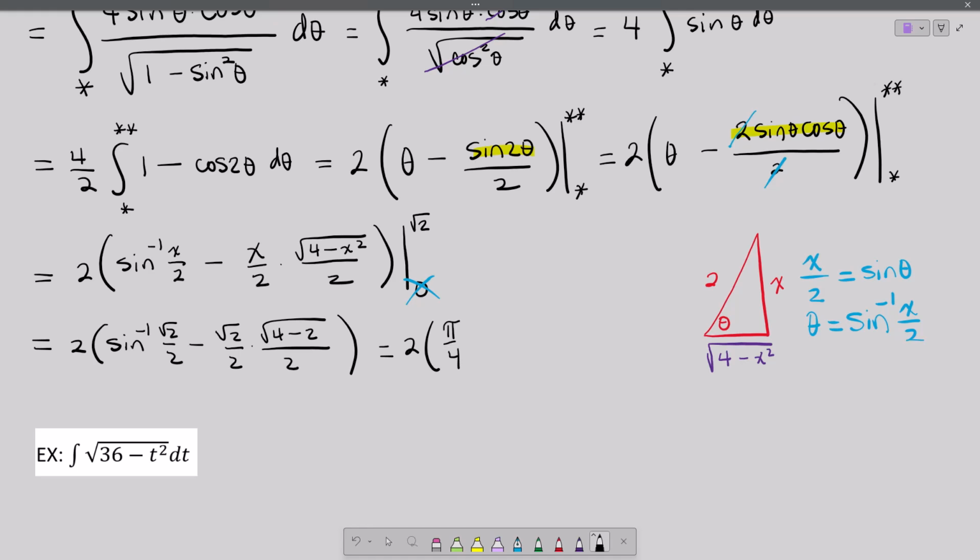And then over here, in the numerator, you have root 2 times root 2, which is 2. So it's going to cancel with one of the 2's in the denominator. So we'll have this when all is said and done. Might as well just distribute that 2. And that will be our final answer.